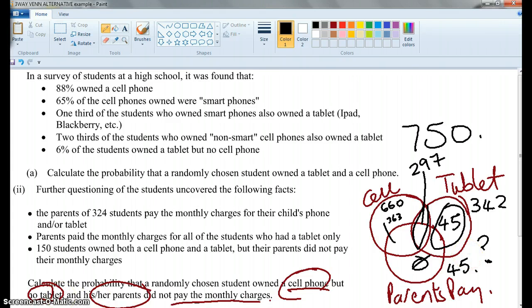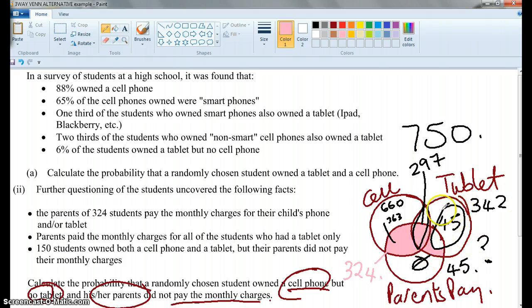Okay. So what we're actually looking for is this bit here. That is going to be 324 students where the parents pay for either a cell and a tablet, or a tablet. Parents paid monthly charges for all students who had a tablet.